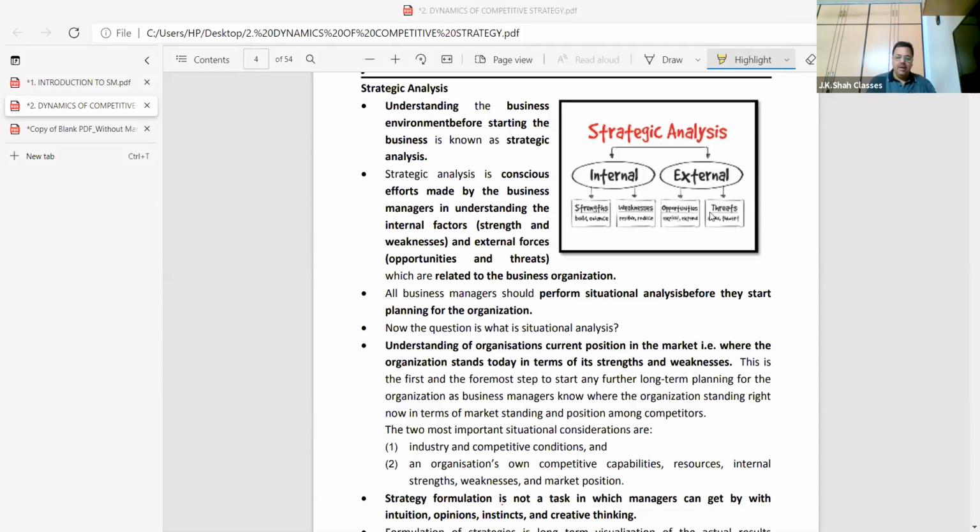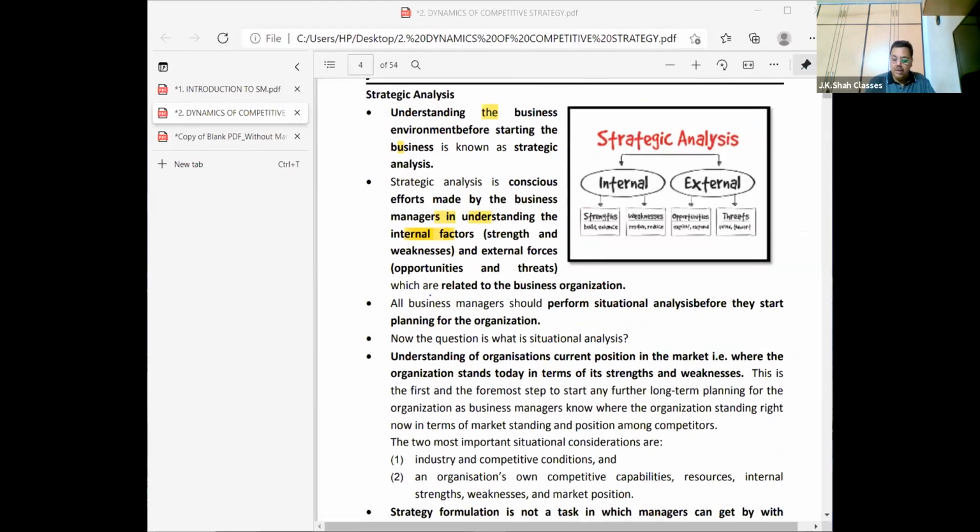Understanding the business environment before starting the business is known as strategic analysis. It's a conscious effort made by the business managers, understanding the internal strengths and weaknesses, and opportunities and threats. All business managers should perform it.